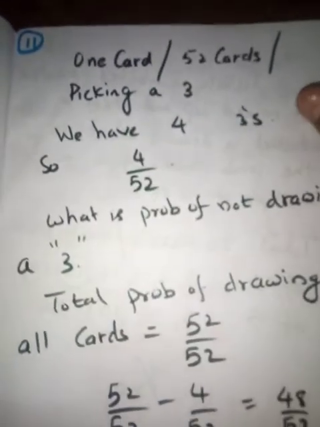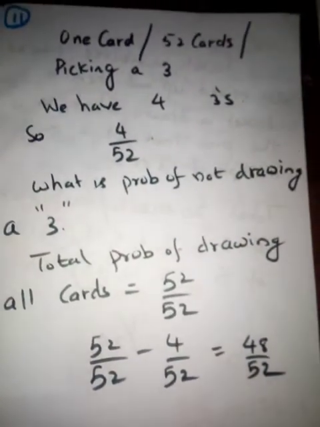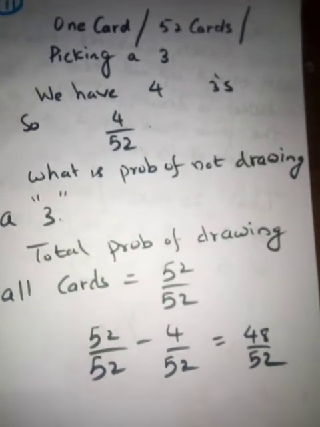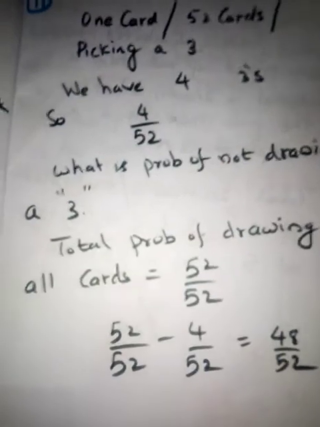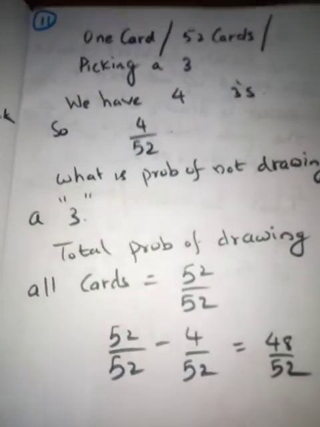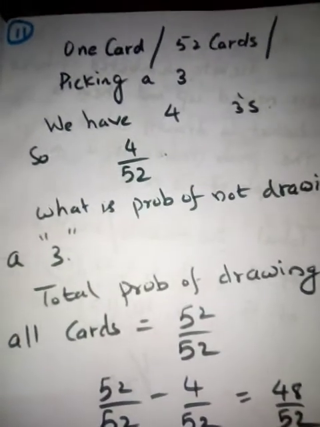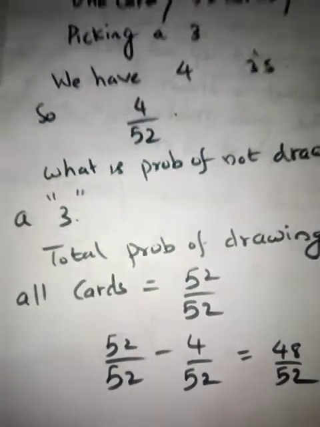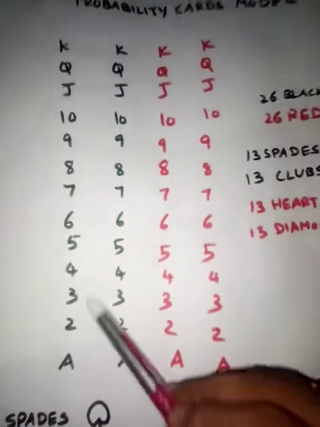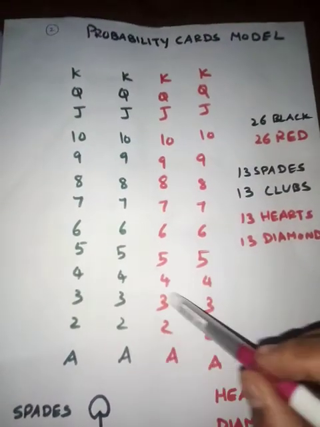Again, a one-card question. One card is drawn from 52 cards, picking a number 3. From a pack of 52 completely shuffled cards, we have to take one card, and that card must be a 3. There are four threes.